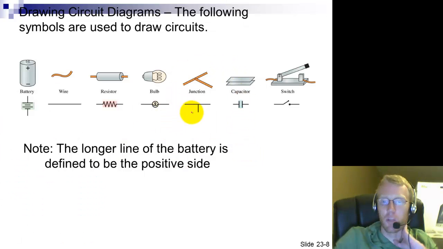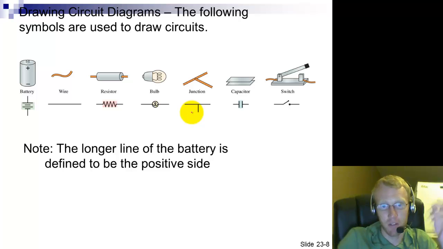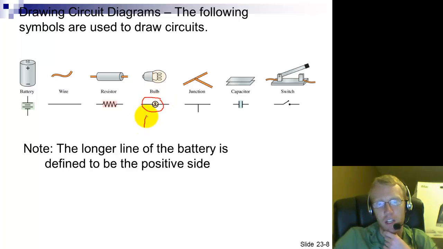Okay, so we're going to be drawing lots of circuit diagrams, which is going to basically show how batteries are connected to all the things that you want to connect to them. So it could be light bulbs or resistors. Pretty much any electrical device is going to have some kind of resistance, and you're going to use that in your circuit diagram. So light bulbs, I have to admit, a lot of times I just draw them as a resistor, same as this.